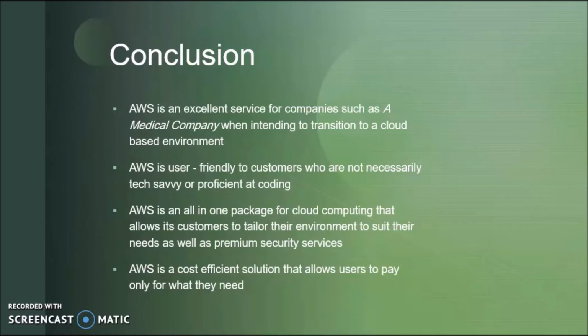AWS is a well-thought-out package with many services that is suitable for most needs, or any need that the user could have in order to have a good business, and it's quite secure with many security services.